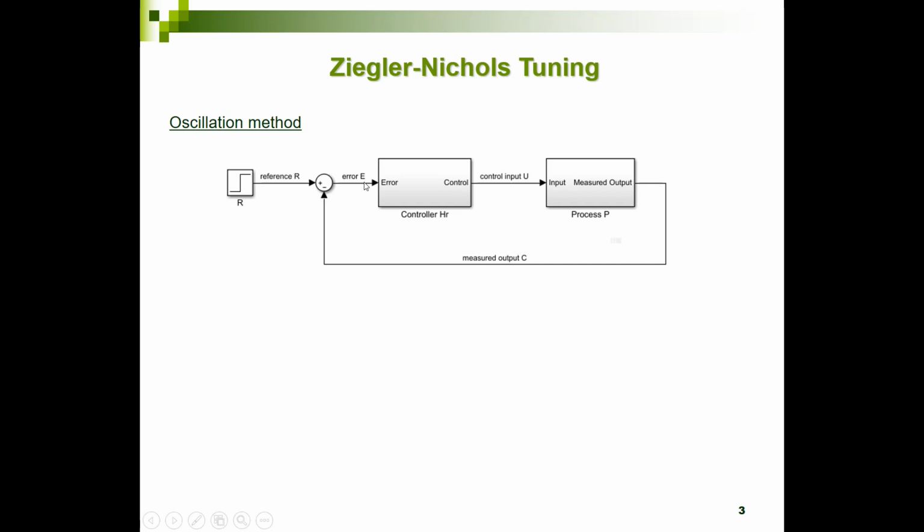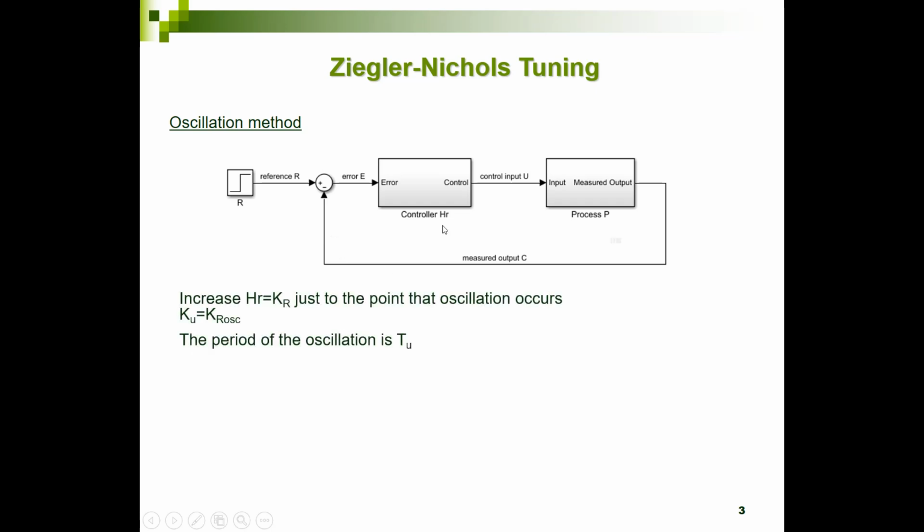I have here a feedback system, and this is my controller, HR, which could be a PID type, a PI, etc. This is my process, and this is the subtraction of my set point and my output value over here. What we are going to do is the following. We are going to replace this controller by just a proportional one, just one P action, so just a gain Kr.